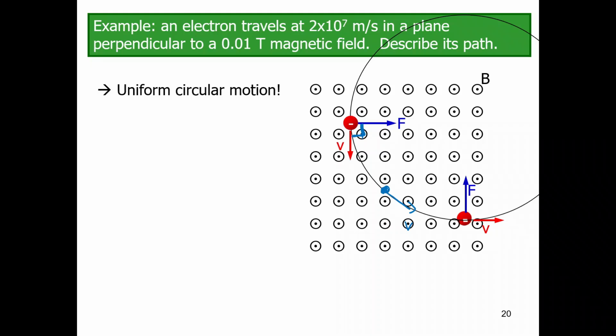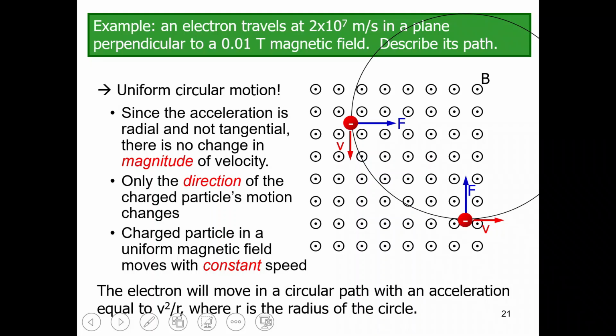My palm would have to rotate up, so that forces my thumb to be towards the left. If I pick this spot on the bottom, same idea. So these electrons and protons, when they are put into magnetic fields, are going to rotate in circular motion. It's kind of fun. Now, the acceleration is only going to be radial or centripetal.